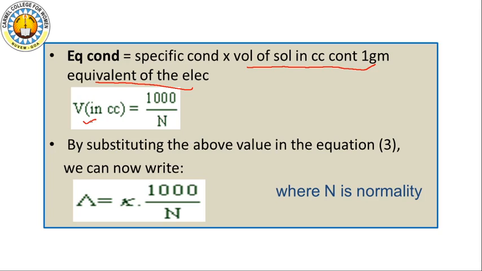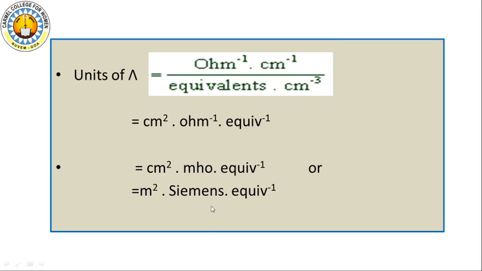So if I substitute this volume in equation number 3, then you will get equivalent conductance is equal to specific conductance, and in place of volume, we are going to write this 1000 upon N. Now, what will be the units of this equivalent conductance?